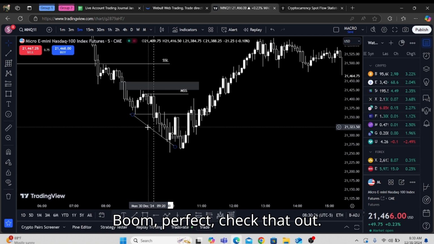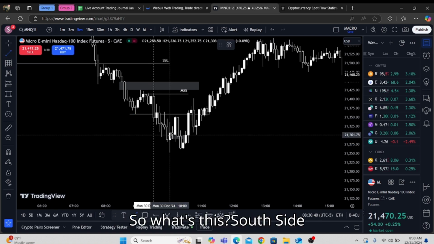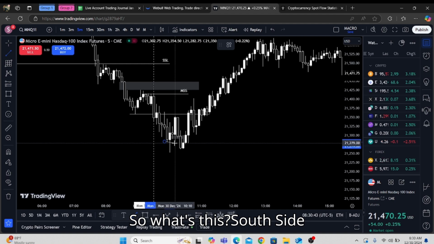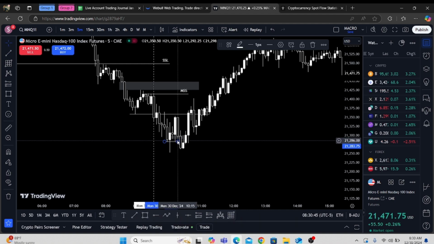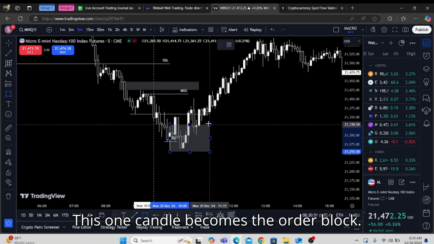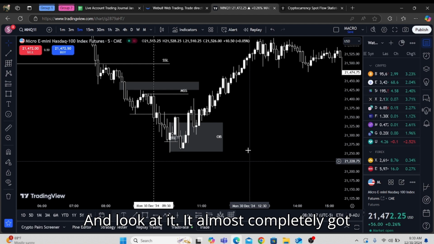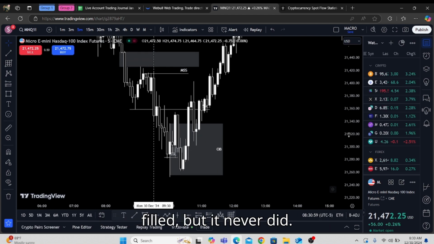Boom, perfect. Check that out. So what's this? Sell side liquidity sweep right here. This one candle becomes the order block. Boom. And look at it. It almost completely got filled, but it never did.